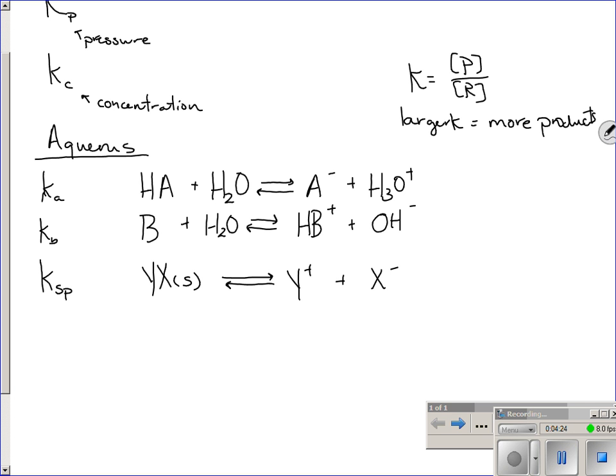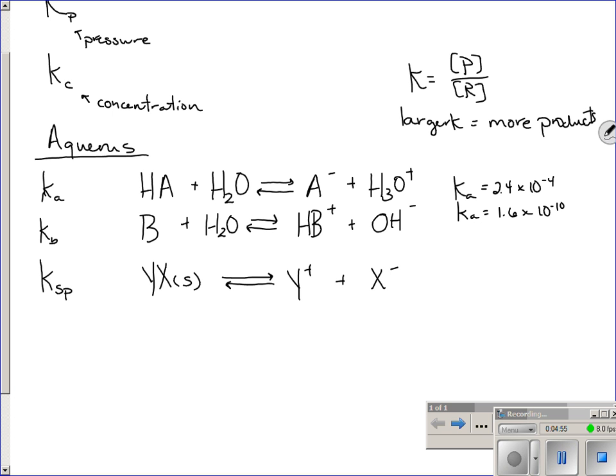Just as that applies to acids, if we have acids that have particular values for equilibrium, let's just say there's an acid dissociation constant of 2.4 times 10 to the negative 4, compared to a Ka of maybe, I don't know, 1.6 times 10 to the negative 10.